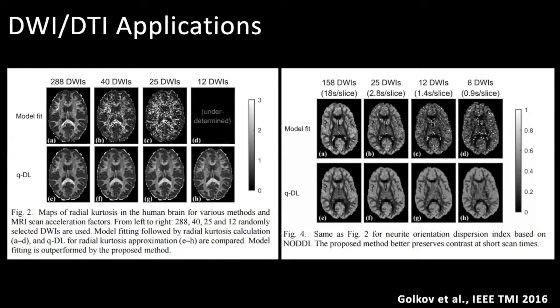And this is a nice paper, one of the earliest papers actually that I've seen using a deep learning approach. And in this case, they actually used a pixel by pixel implementation as opposed to a convolutional neural network. But what they showed was that they could actually reproduce reasonable quality images that would normally have taken 158 or 288 individual acquisitions and actually do that with far fewer.